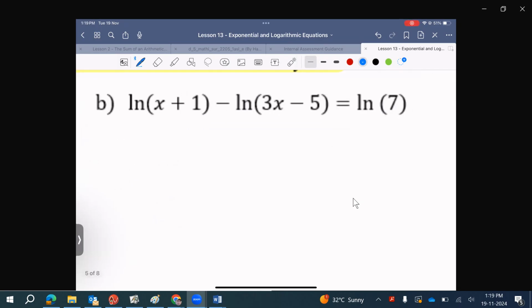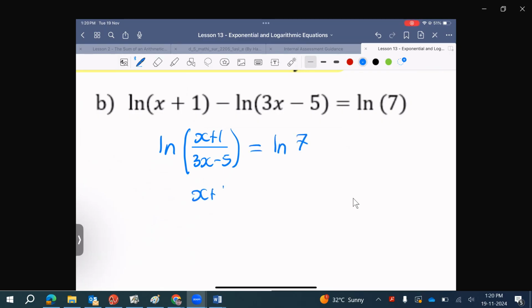Okay, so we want to join these together, I think. So we are going to get ln, I'll use a bracket for this one, x plus 1 all over 3x minus 5 is equal to ln 7.